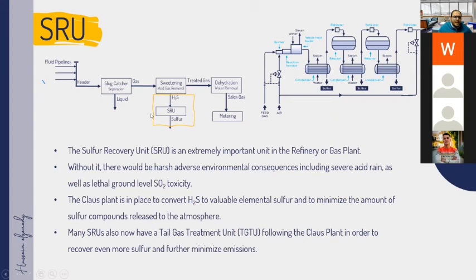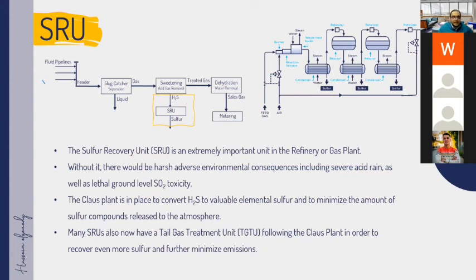The most common process of sulfur recovery is the Claus unit, which consists of a thermal reaction and after that a catalytic reaction, in which the H2S is converted to liquid sulfur, and after that we can convert it to solid sulfur. Okay, and it is also important for the environment. The SRU unit is very important for the environment.